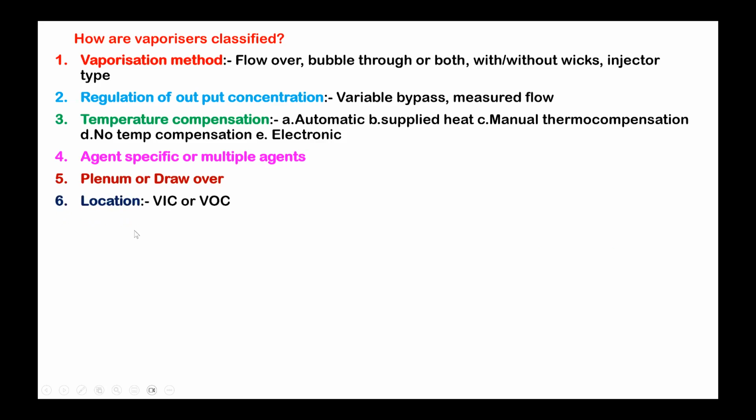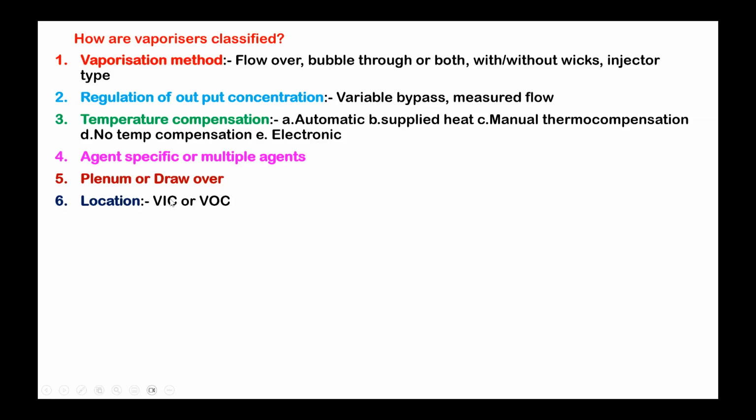And whether the vaporizer is located within the breathing circuit or outside the breathing circuit, nowadays all our vaporizers are outside the circuit only. Earlier, we used to use the vaporizer within the inspiratory limb and the expiratory limb of the circle system. Then it was called vaporizer inside the circuit.